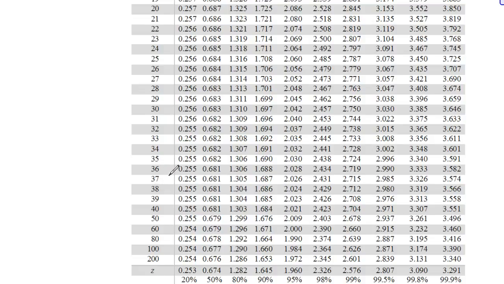So if I'm needing a degree of freedom of, say, 43, well, 43 is not on here. So what I'm going to do is I'm going to go to the one below it. So that's 40. Even if I needed a 49, I'm still going to go to the one below it of 40. In other words, go to the one that is below the degree of freedom that you need. And I'm going to go to that degree of freedom and look at that row.